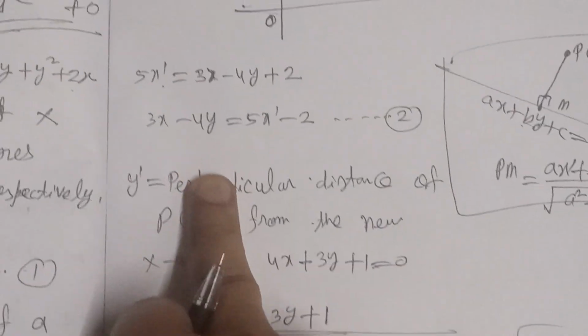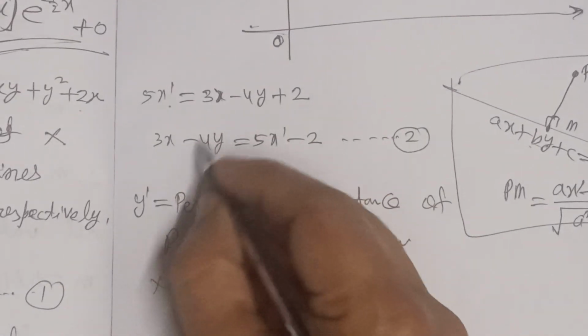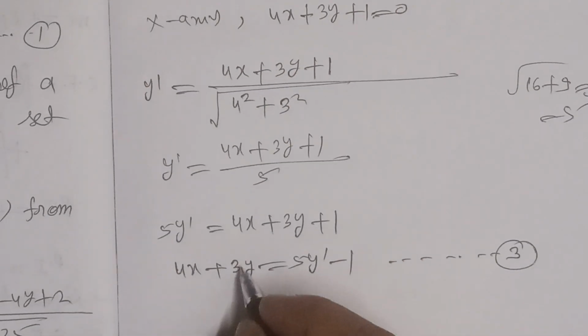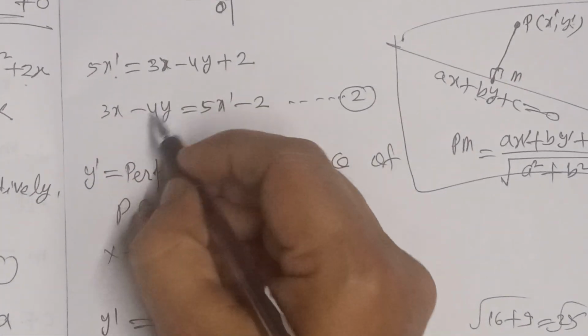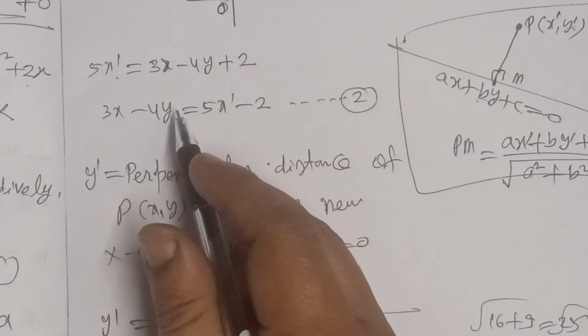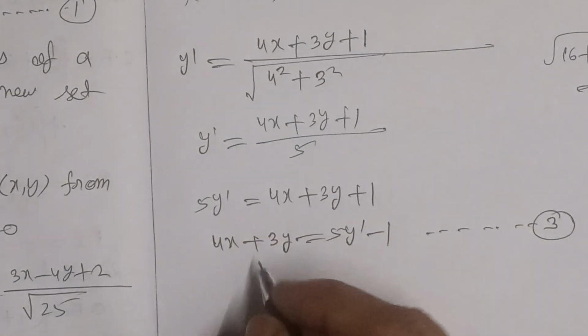For this I multiply equation 2 by 3 and equation 3 by 4, which is the LCM of the coefficients of y in both equations.